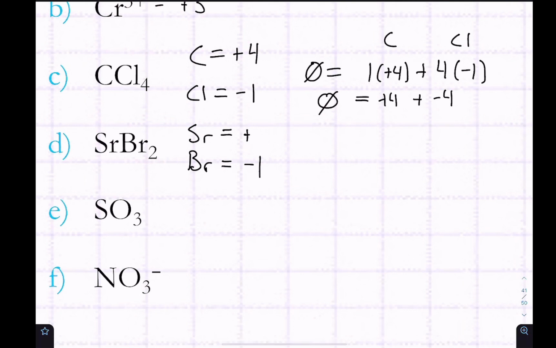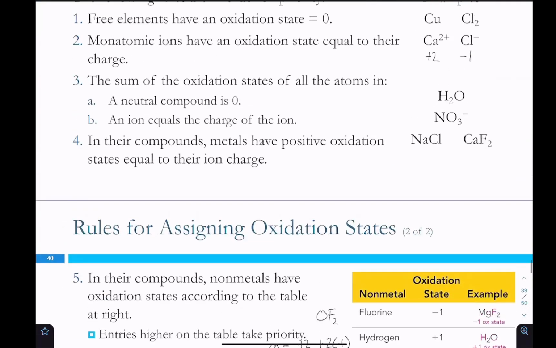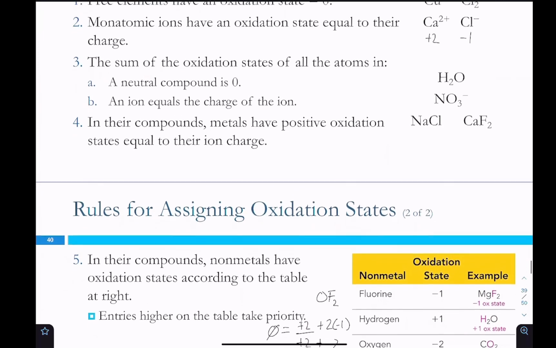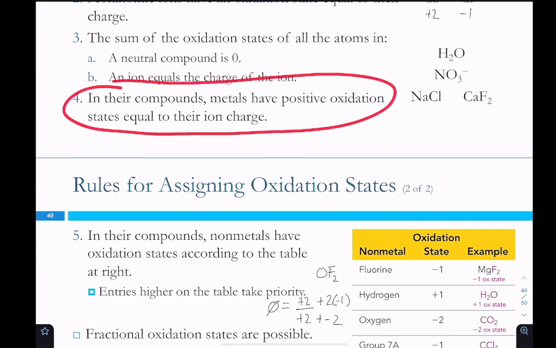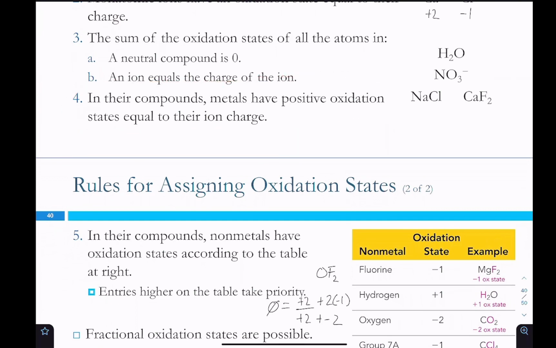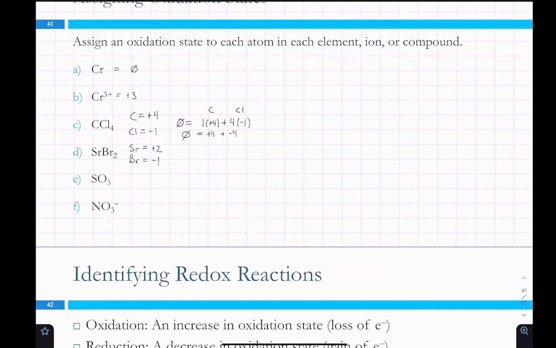Strontium is +2. Let me double check this. Yeah, the other way we know that strontium is going to have to be +2 is that in compounds, metals have positive oxidation states equal to their charge. So strontium forms a 2+ charge, and in a compound it's also going to be a +2 oxidation state.